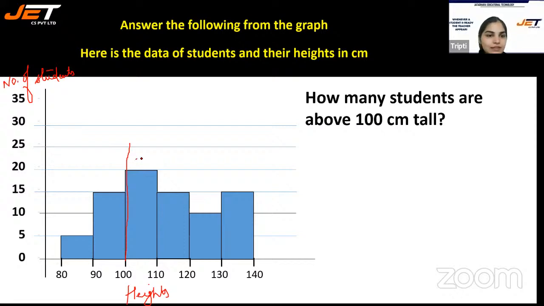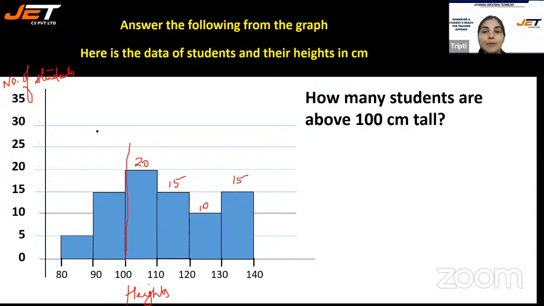20 students are from 100 to 110. Then 15 students are from 110 to 120. From 120 to 130, there are 10. And 130 to 140, there are 15.